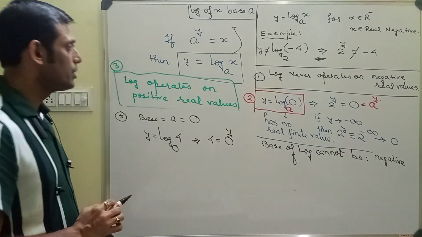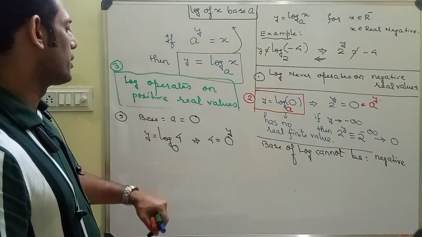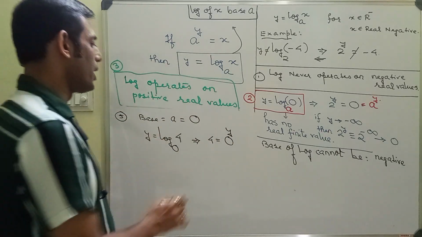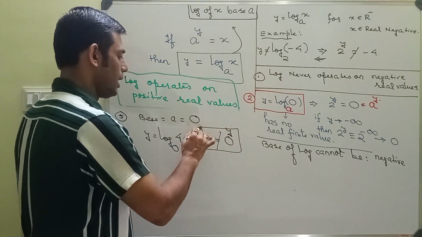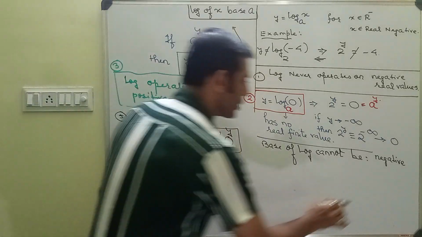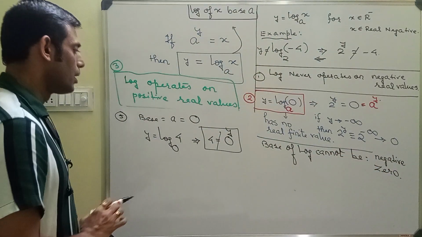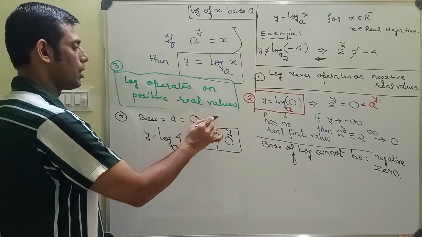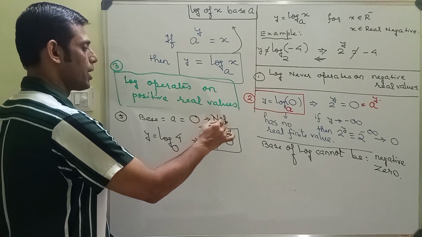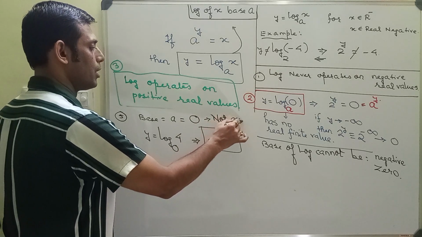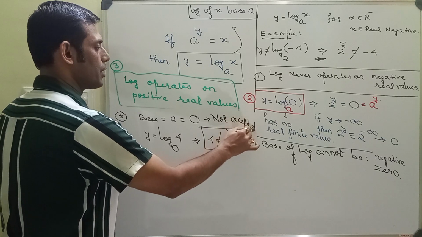I hope I am correct. X equal to a power y, 4 equal to 0 power y. Now see, this is not possible, and that means base of log cannot be 0 also. Not acceptable.